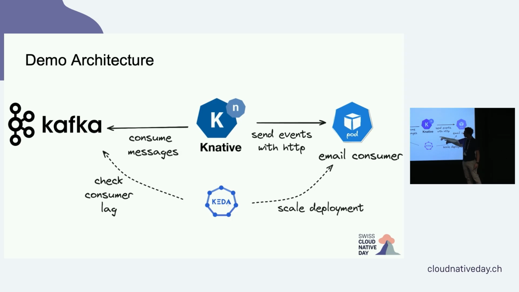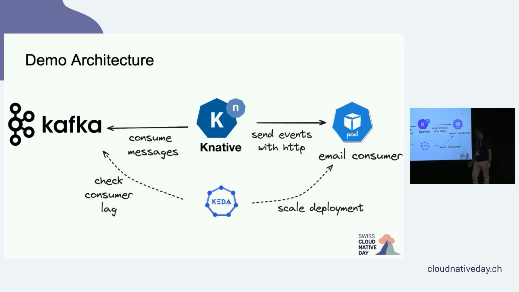Why do we change protocol from Kafka to HTTP? That's because the email consumer is in Wasm, and currently the WASI interface only exists for HTTP. There is no good implementation for low-level TCP or a native Kafka consumer, so it's really nice to go over HTTP.